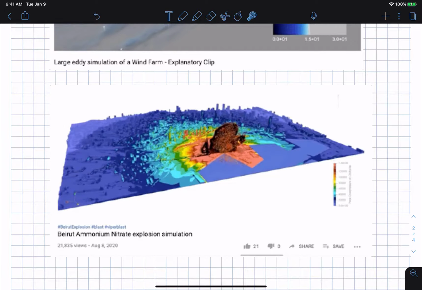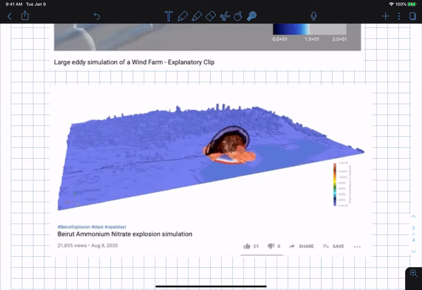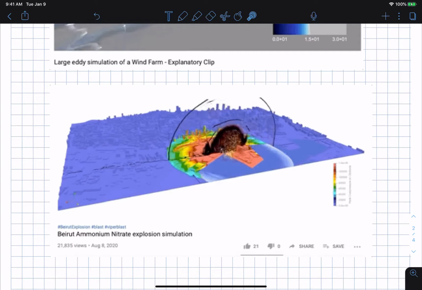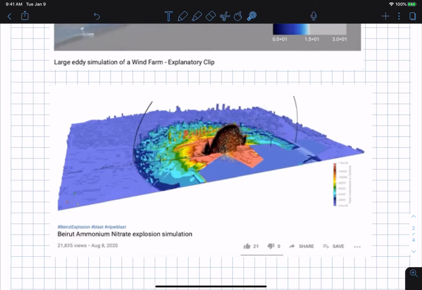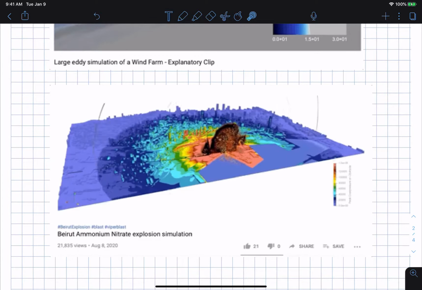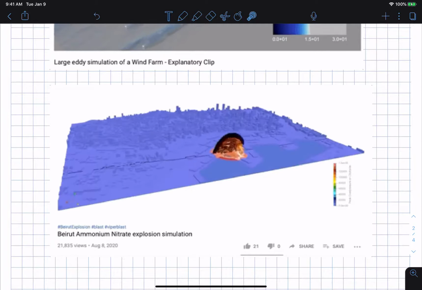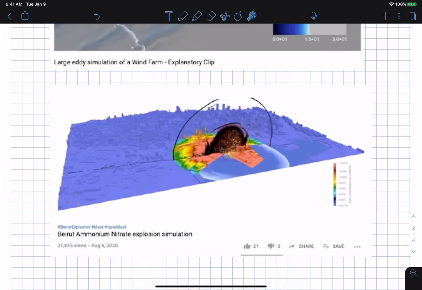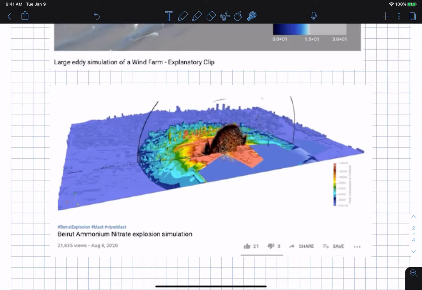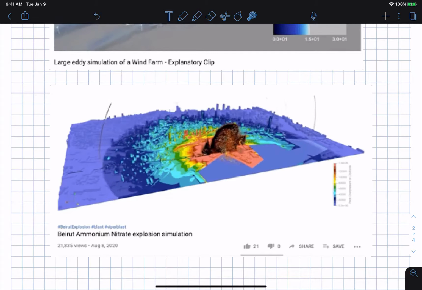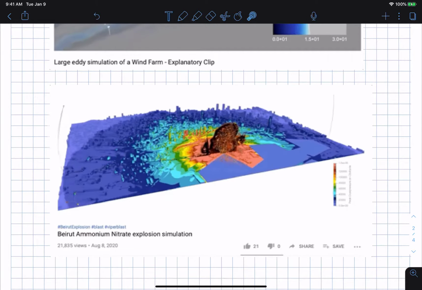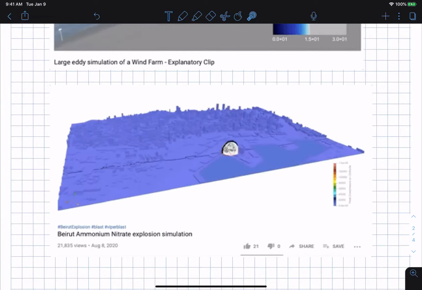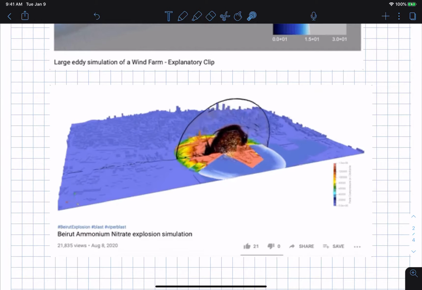And there are a lot of municipalities that do these sorts of exercises to understand how blasts propagate in their city, or in the case of a terrorist chemical attack, they study how the chemical agent would flow between the buildings and things like that, so that if there is a chemical attack, the city knows how to allocate resources.